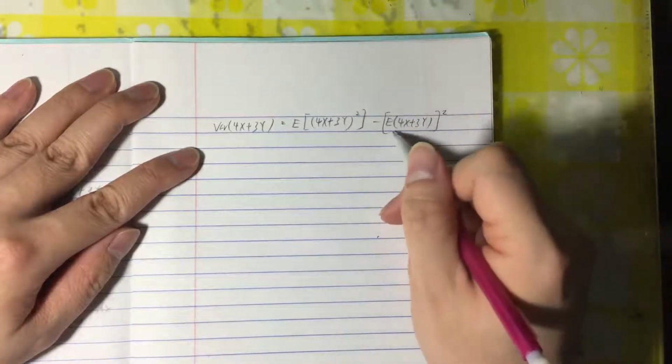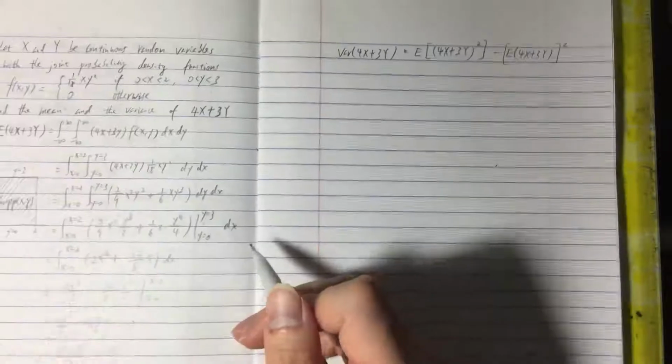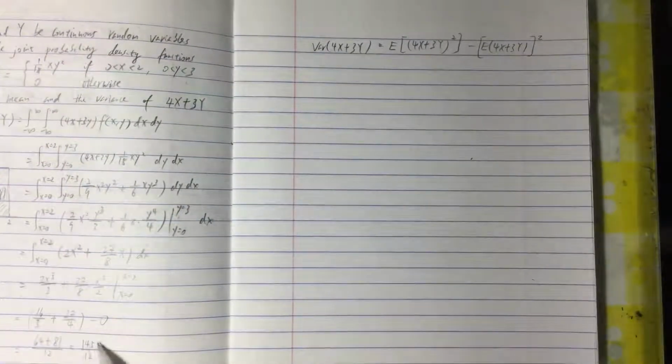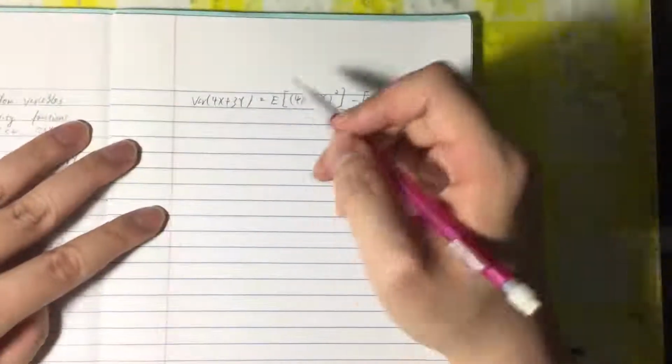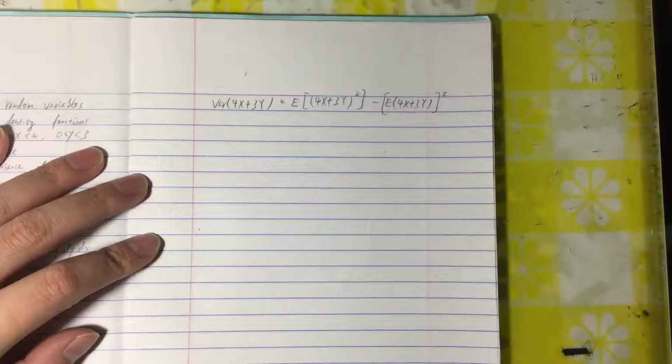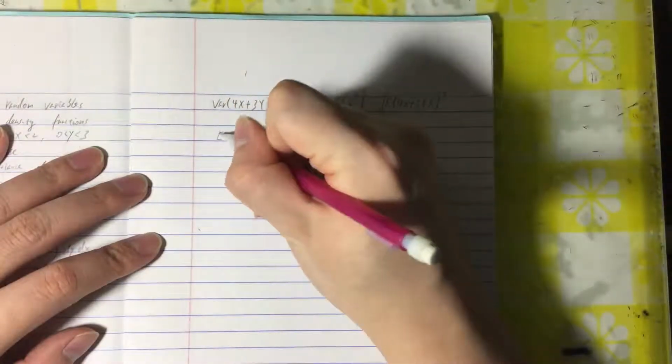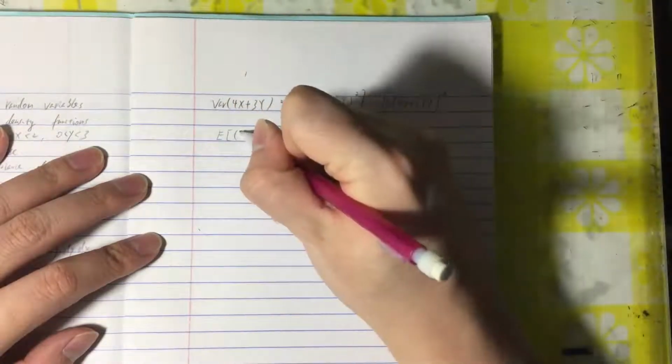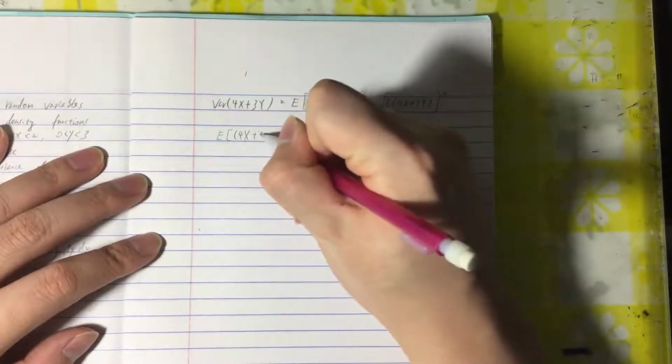We know the expected value of 4x plus 3y, which is 145 over 12. Next, we need to find the expected value of (4x plus 3y) squared.